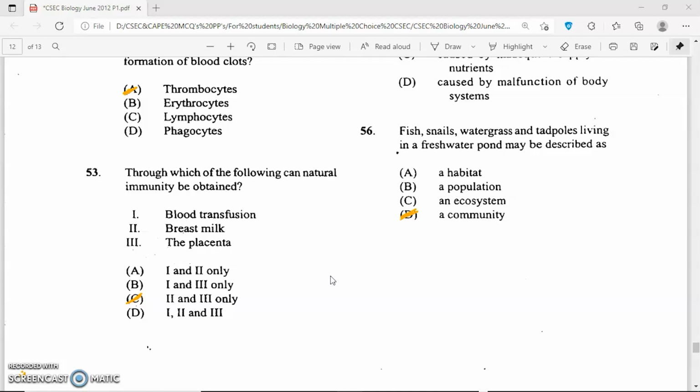And after the baby is born, through breastfeeding, the infant gets antibodies from the breast milk. But blood transfusion would be artificial immunity. So natural would be 2 and 3. So that's C. The answer here is C.